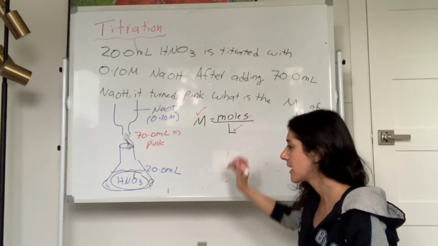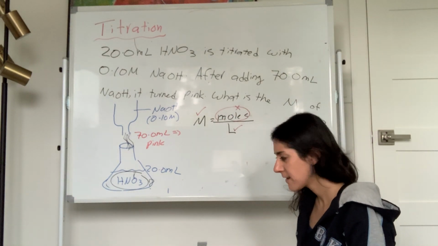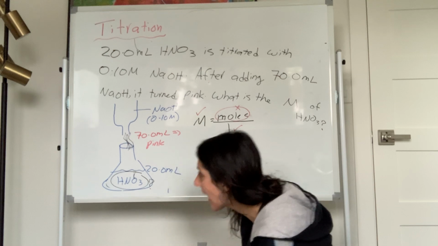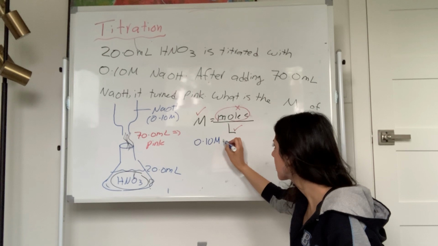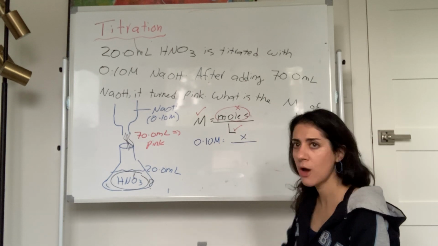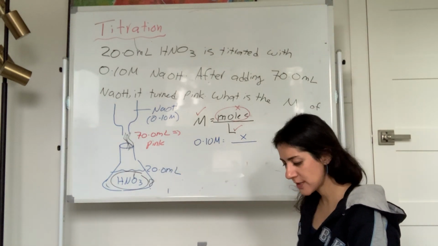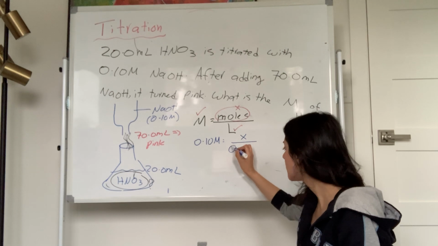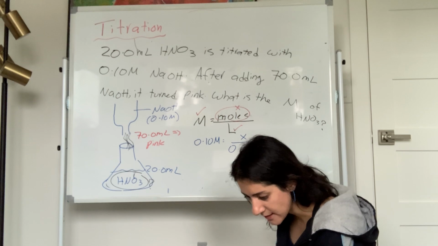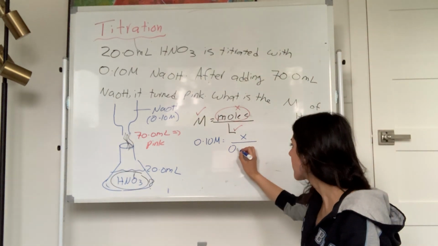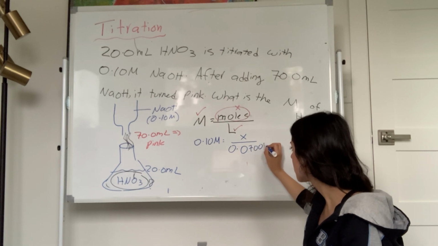And I know how much NaOH I added. So can I figure out the moles of NaOH? Yes, you can. The molarity of NaOH is 0.10 molar. I don't know how many moles I have, but how much NaOH did I add? 70 ml divided by 1,000 because it has to be in liters, so I get 0.0700 liter.